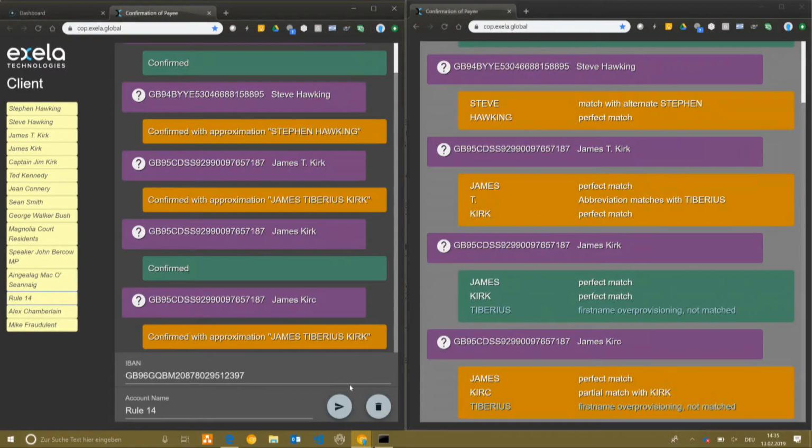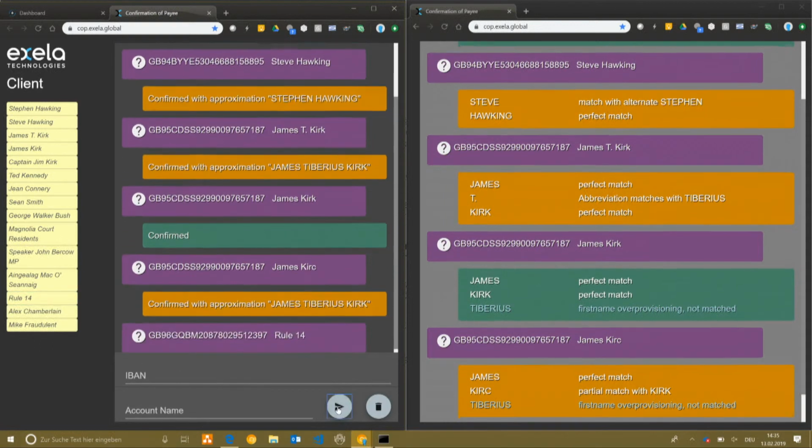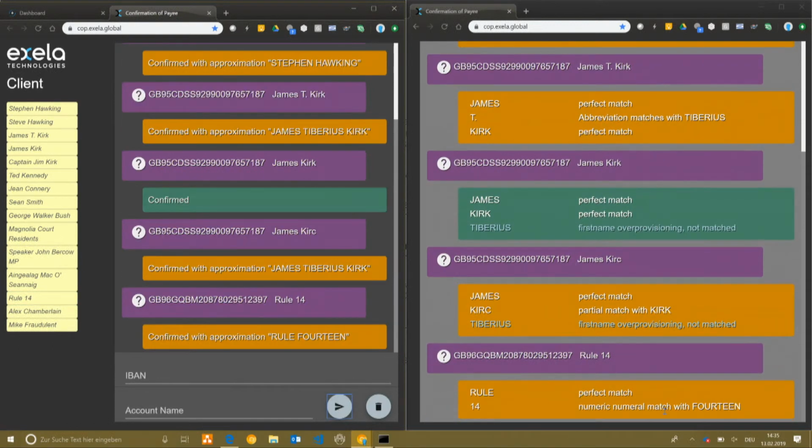It's still okay, because what we confirm with is all the account holders, the possible signatories to an account, so that we can pay to a name or the company name, for example. Here we have Rule 14, our own big data division, and here we have a match with the name 14, so numerals are no problem.